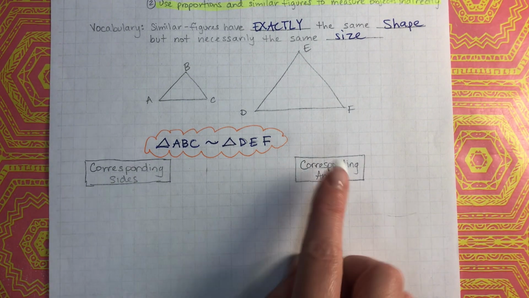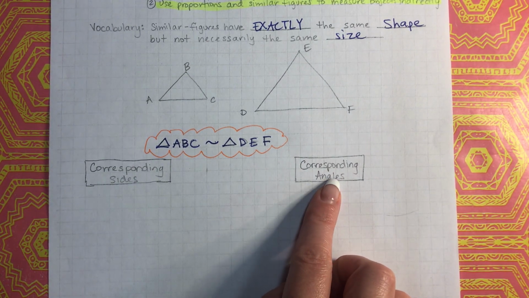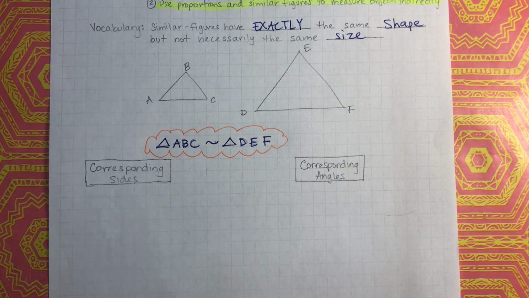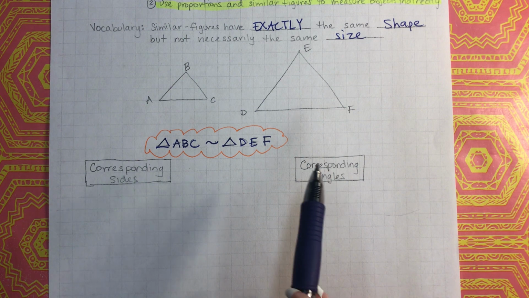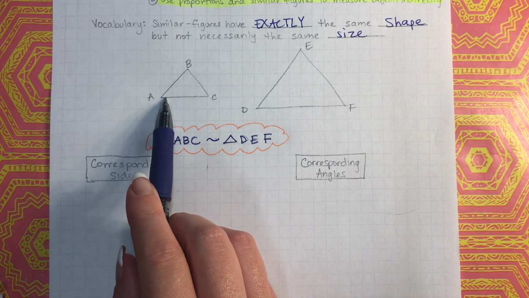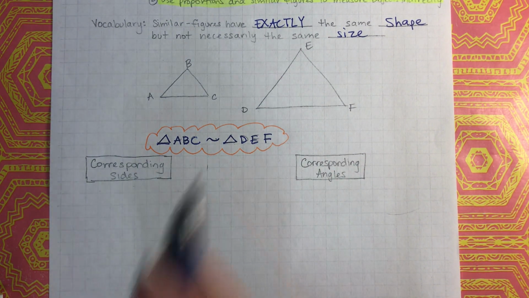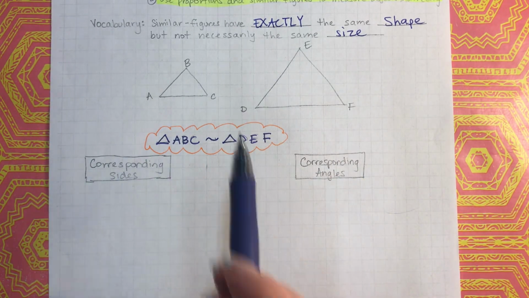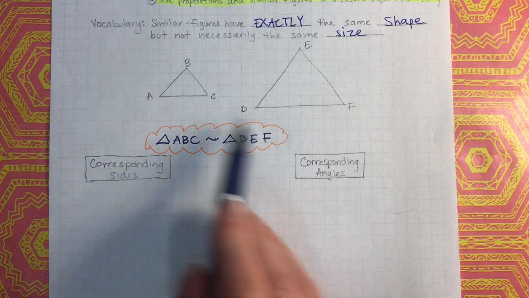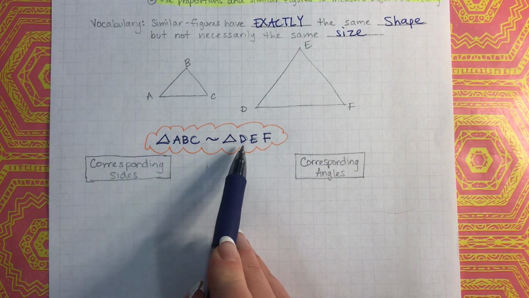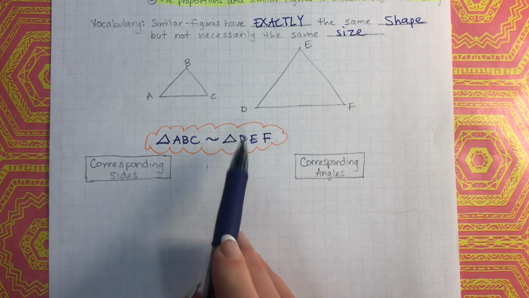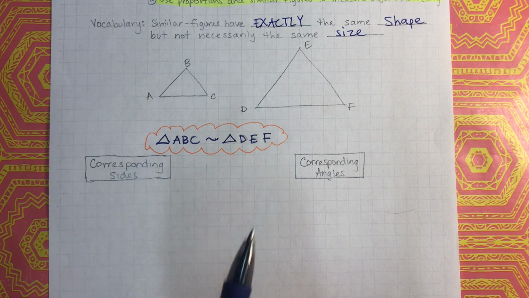The easiest and most straightforward are the corresponding angles. What that means is that the angles have the same measure, like the same degrees. So if this was 30 degrees, then this one would be 30 degrees. You can tell by the way that this is written. When you have the first letter A and the first letter over here being D, that means that they are congruent.